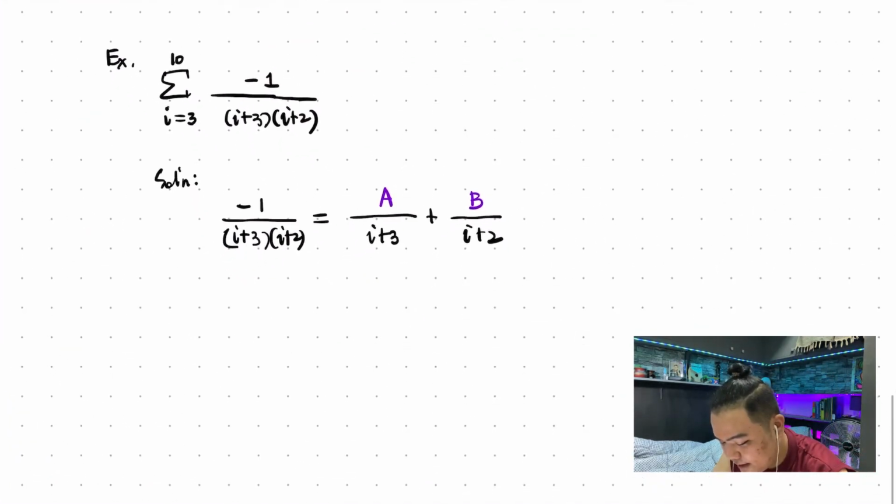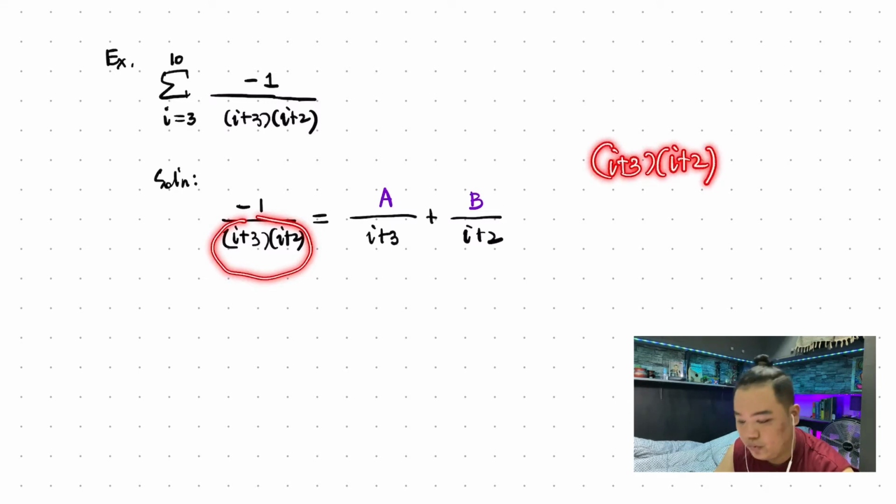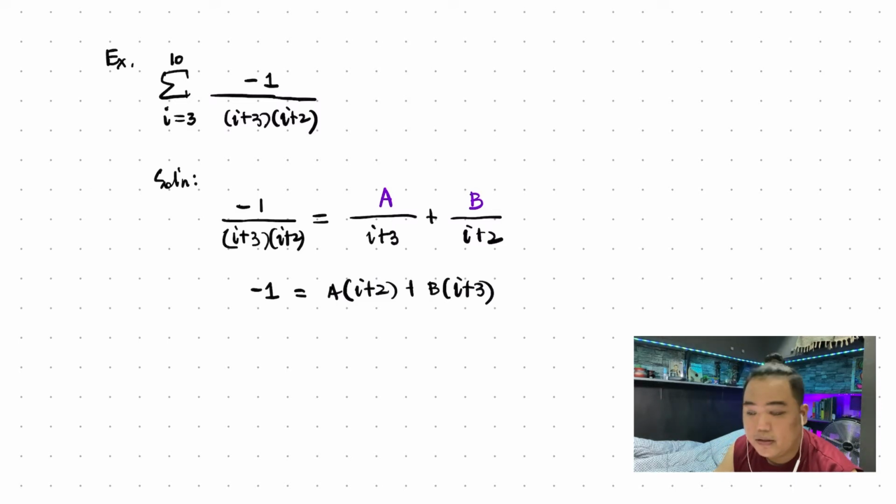Tapos, ano na mangyayari dito? To solve for A and B, multiply both sides by the LCD. The LCD is I plus 3 and I plus 2. So, magkakaroon ka ng negative 1 equal to A times I plus 2 plus B times I plus 3. Kasi ito yung substitute na lang, no? So, isa-substitute mo sa I yung numbers that will make the denominator 0. In this case, you have negative 2 and negative 3. So, if I is negative 2, anong lalabas?